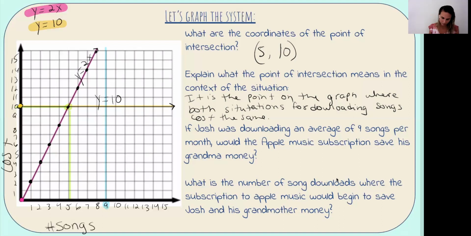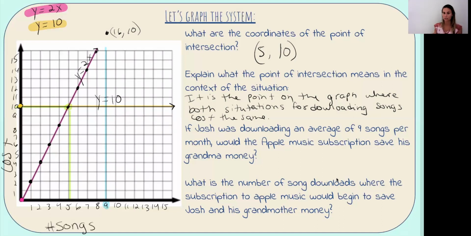Would the Apple Music subscription save his grandma any money? We would see that this line here is trending upward and it's going to meet 10 as its next point. So it's going to be 16 over here somewhere, which isn't really that important. So it's not that big of a deal that it doesn't make it. We know that it's going to be more money than the $10 subscription.